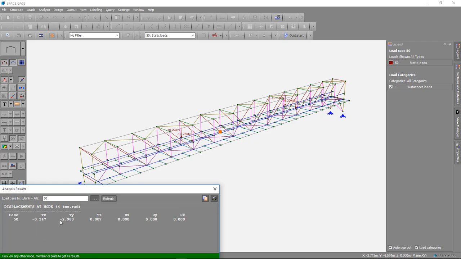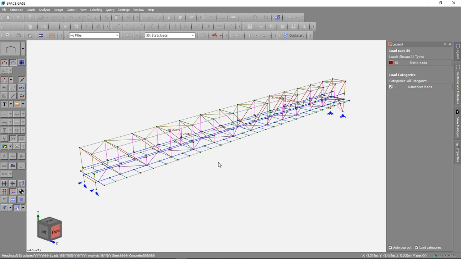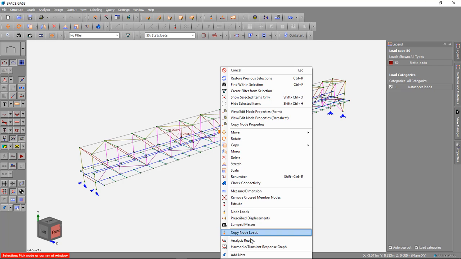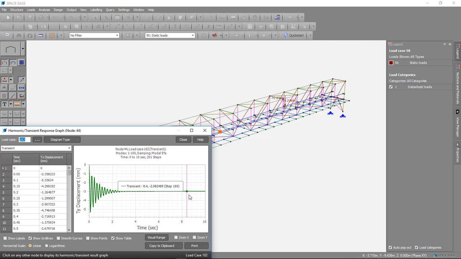So you can see we get the same value, 2.98 millimeters. Obviously the transient analysis gives you much more information, because as well as the final deflection, you also get these initial deflections, which you can see are much higher than the 2.98, so it's almost double that deflection when the load is suddenly applied.